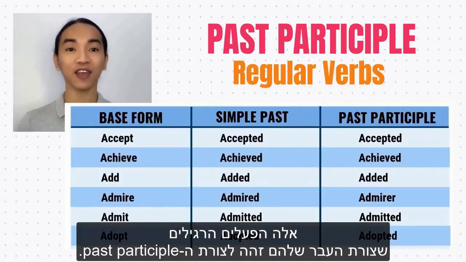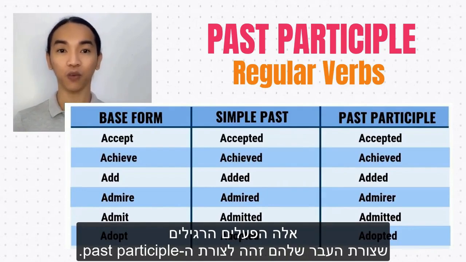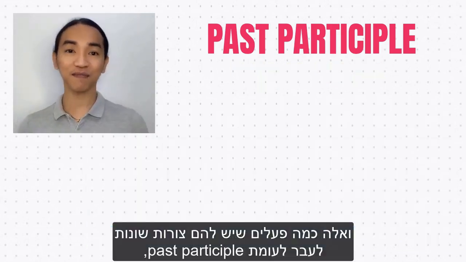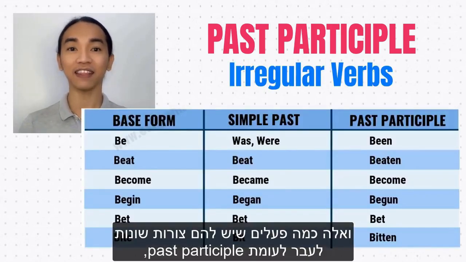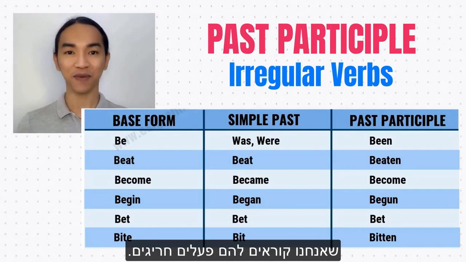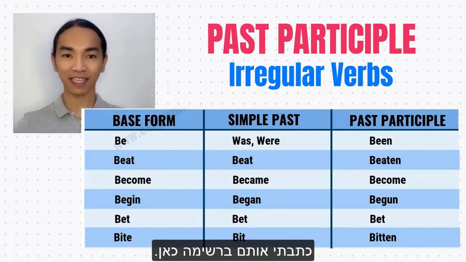These are your regular verbs with the same past form and past participle form. Now, these are some of your verbs having different forms for the past and the past participle form, which we call our irregular verbs. I have listed them here.